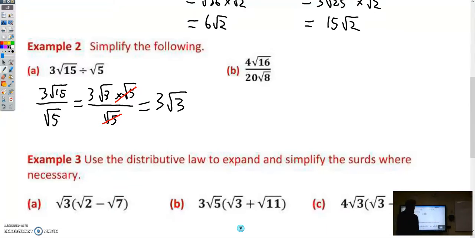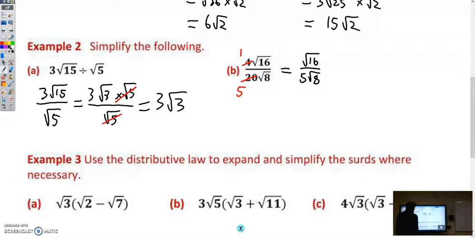Alright, looking at example B. In B we're going to simplify both the constant values at the start and the surd values. So, simplify the numbers in front of the surds, the coefficients, first. If you're looking at 4 and 20, the highest common factor is 4. So, 4 goes into 4 one time, 4 goes into 20 5 times. Okay? We're going to rewrite it as 1 times root 16, which is root 16, over 5 root 8.